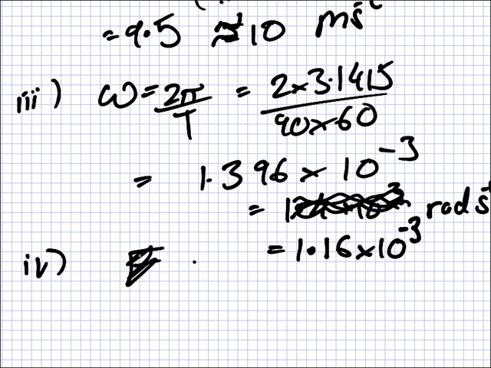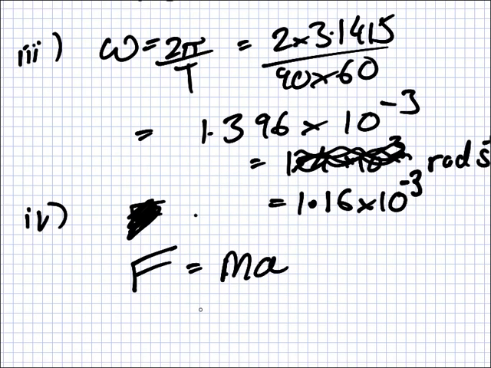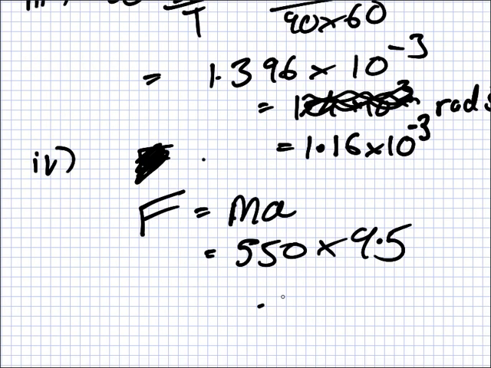Okay, part 4, how do I get the F? Why don't we use 10?